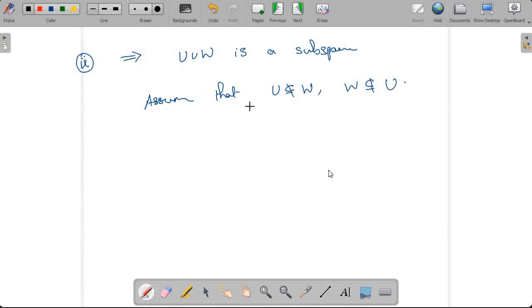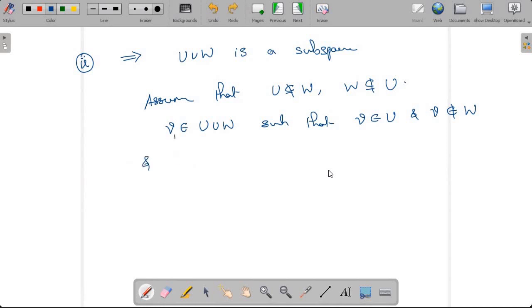Now, if it is true, then definitely it is possible to find an element. Let V be an element in U union W such that V belongs to U and V doesn't belong to W. It is possible to choose such an element. Why? Because U is not totally contained in W. And similarly, let me pick up one more element.